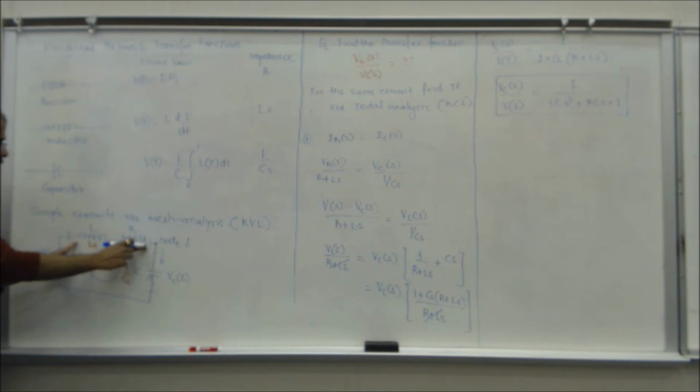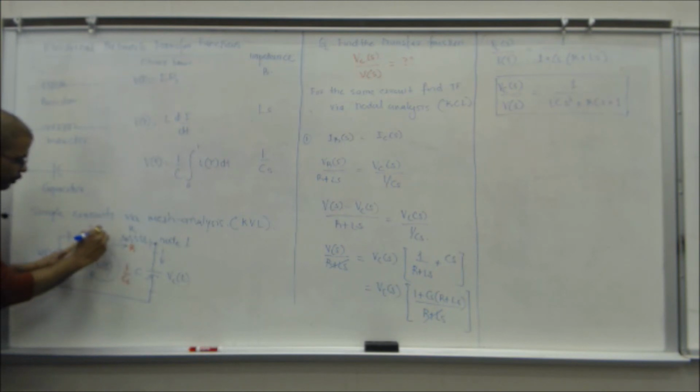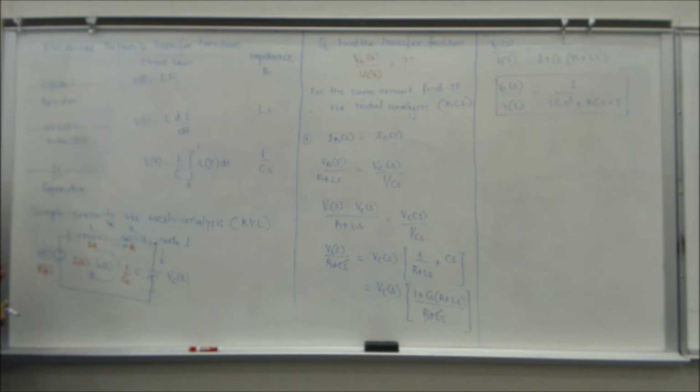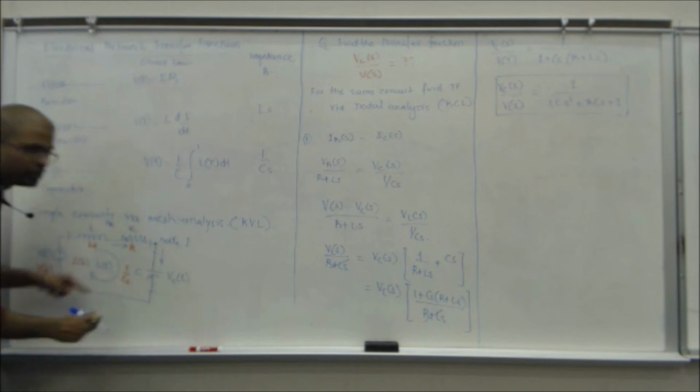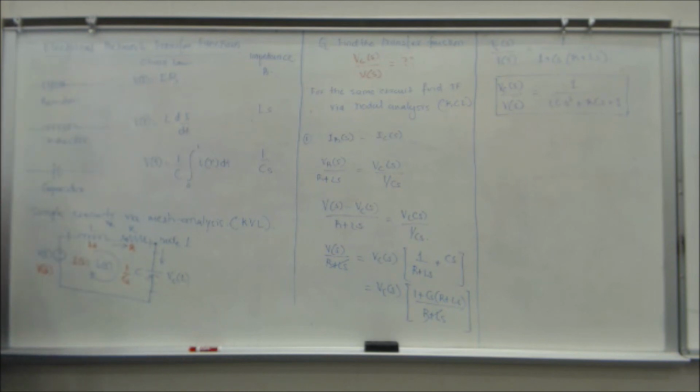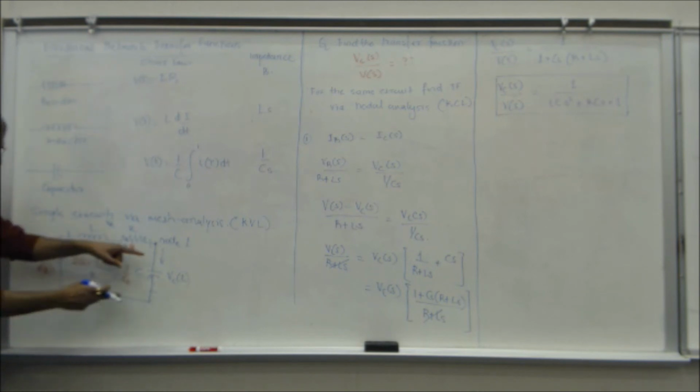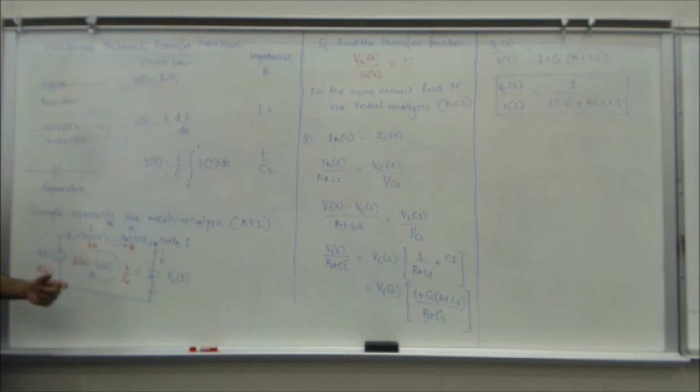If we call the voltage between these two points VR, can you say V is equal to VR plus VC? You can say that, right? You could have said VL plus VR plus VC, but we are saying the voltage across these two points and the voltage across these two points, the sum of that has to be this voltage.